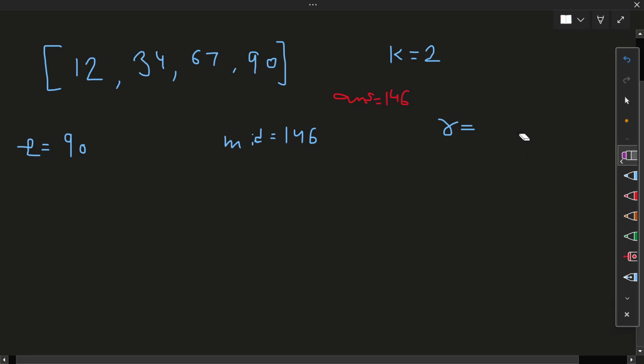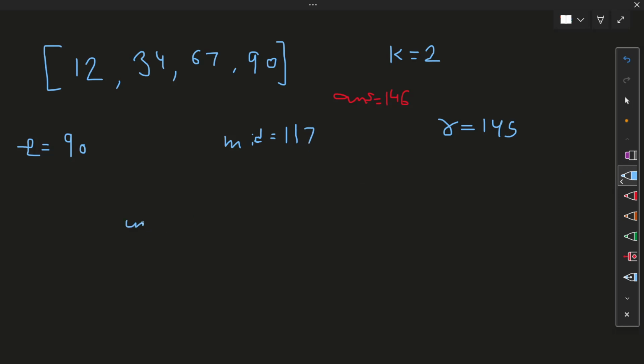So now R will be 145, my mistake. Then the middle value is 145 plus 90 divided by 2, it is 117. Then now let's again start with the first person.